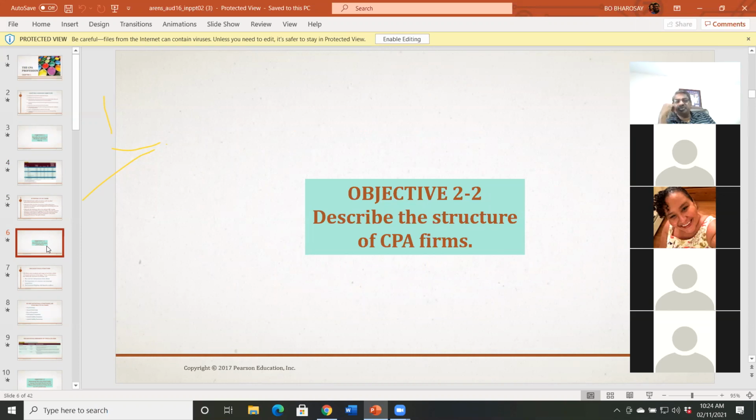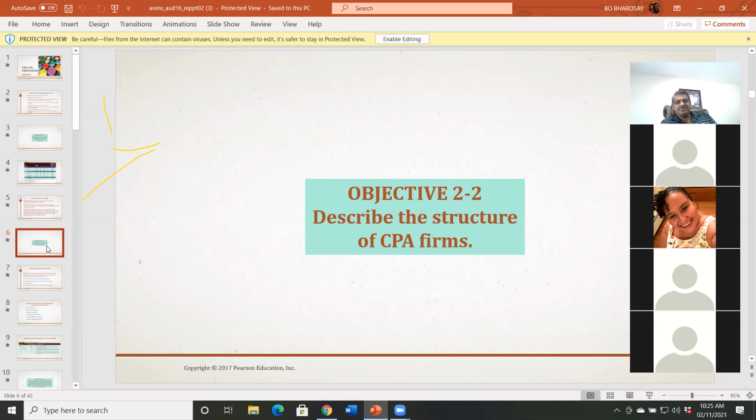How are CPA firms structured? In my days, when I say my days, I'm talking about when I entered the profession, the majority of CPA firms were partnerships, especially the large ones. And then somewhere in the 90s, they came about with limited liability companies, LLCs and LLPs.